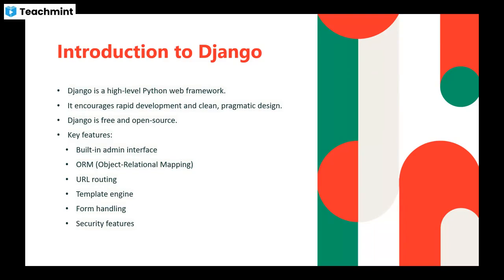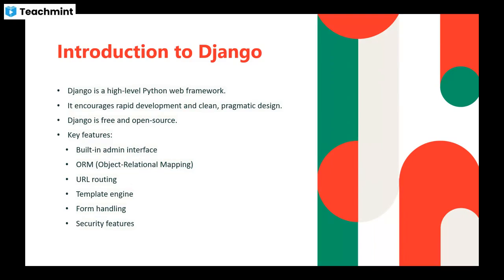And in Django there is a template engine. The template engine is used to handle the user interface part. Yesterday we saw how to create HTML pages and add styling, right? Those pages can be handled in Django using this template engine.